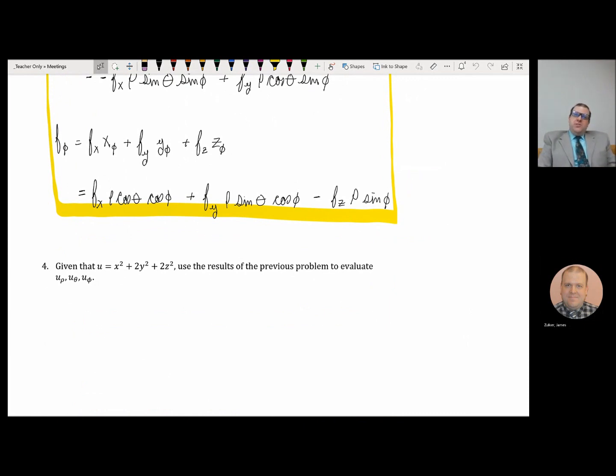Right, which is what we're going to do here. Here we're given a function u of x, y, and z, and we're asked to find the three spherical partials.